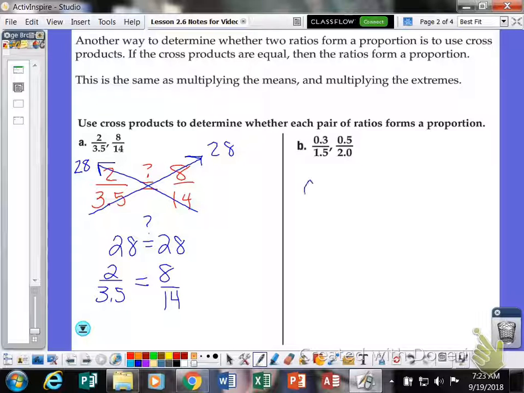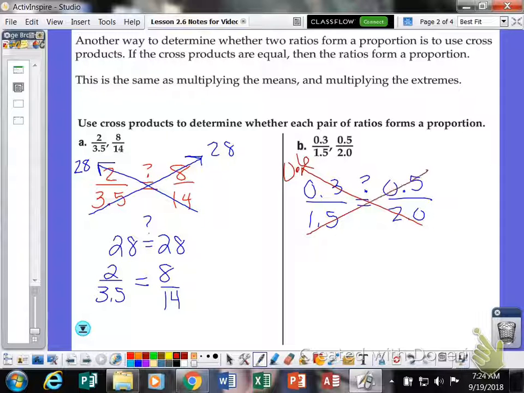All right, so 0.3 over 1.5, is that equal to 0.5 over 2.0? We've got to find out. So we cross multiply. Multiply up this way. So we're taking 2 times 0.3 and we get 0.6. Multiply up this way.